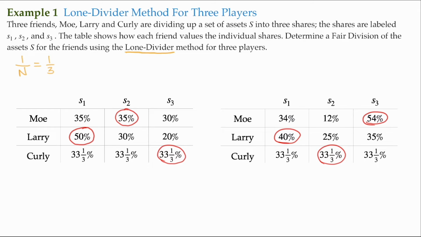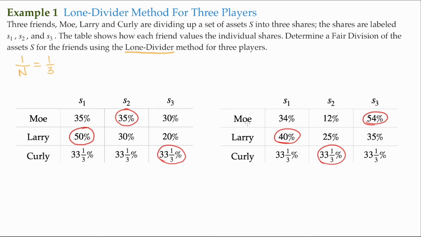If Mo got share 1, Larry got share 3, and of course Curly gets share 2, that is a fair division. However, notice that there is better value if we divide it this way. Mo gets share 3, Larry gets share 1, and Curly stays with share 2, because it's a higher value. If Mo gets 34% rather than 54%, well, that's still a fair division, but this one is better.